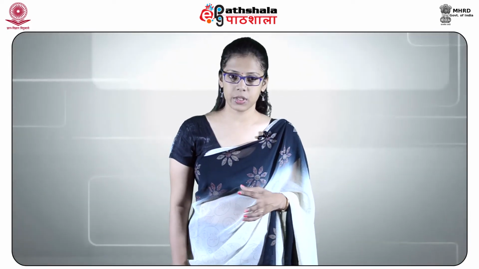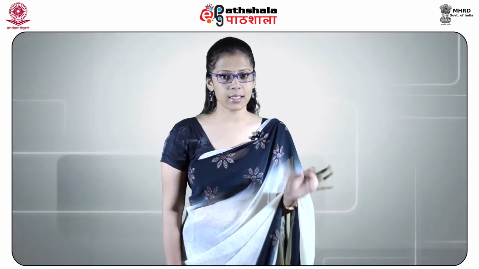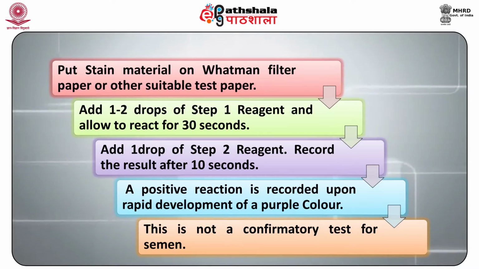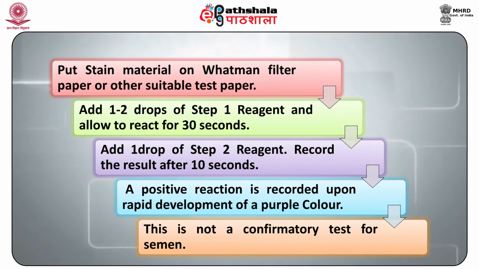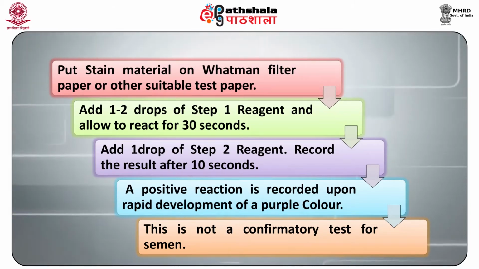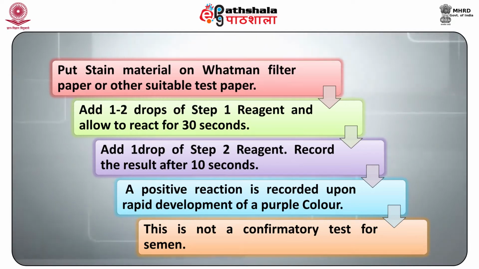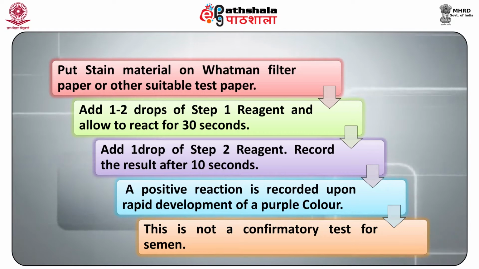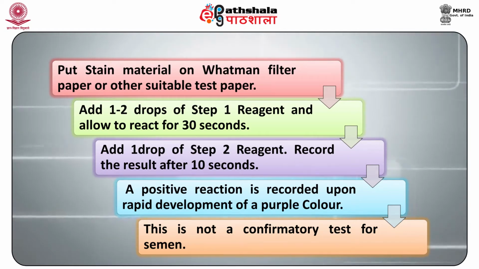Now let us see the procedure. Place a small piece, that is 2 by 2 mm, of suspected seminal stain material on Whatman filter paper or other suitable test paper. Use proper standards and controls including positive, negative and unstained controls.